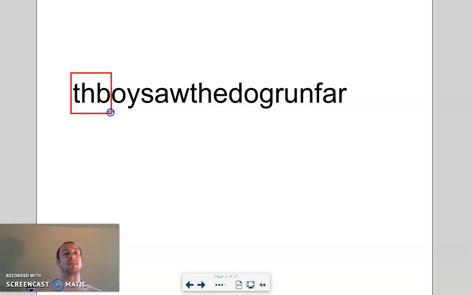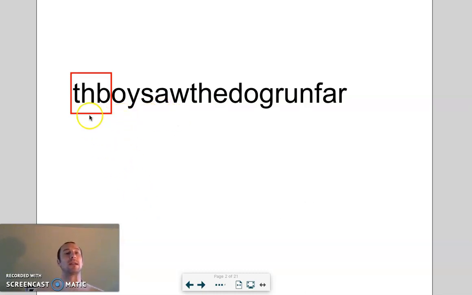THB doesn't mean anything. OYS, AWT, right? None of these make sense anymore in how they would be read, right? So you can see the whole frame has shifted, right? This is called a frame shift mutation. So now when we try to read it in letters of 3, it doesn't work anymore.